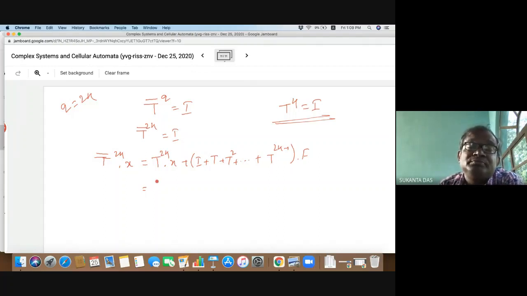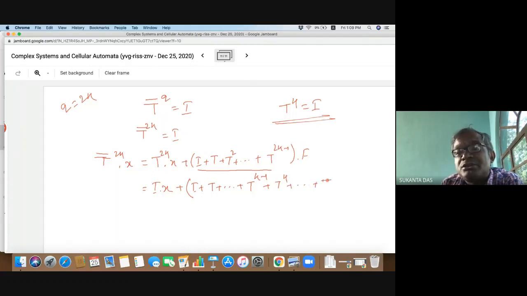So here, I is the identity matrix, and for the previous time, expand it: T to the power k minus 1 plus T to the power k plus dot dot dot plus T to the power 2k minus 1 into f equals x plus this part is 0.